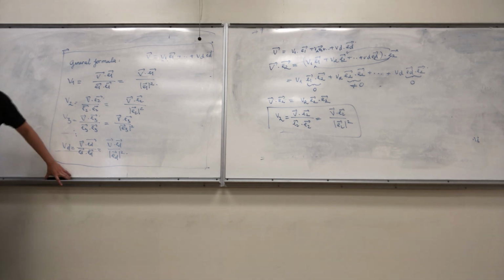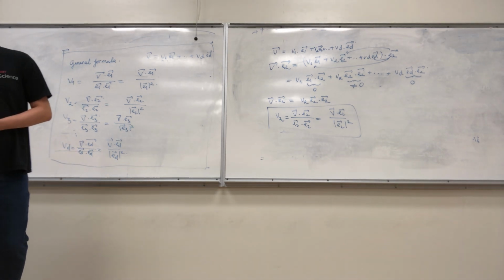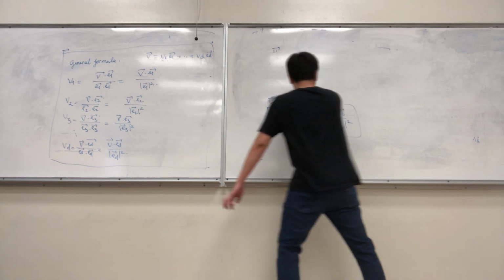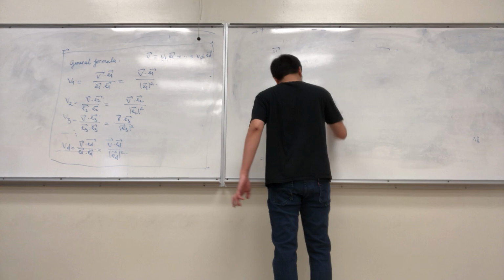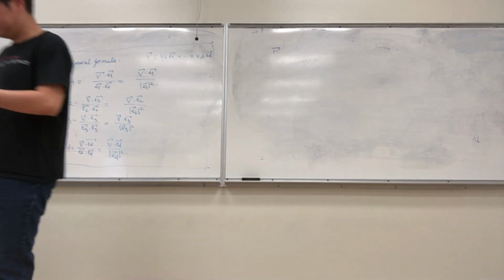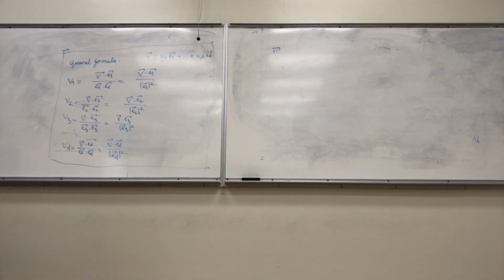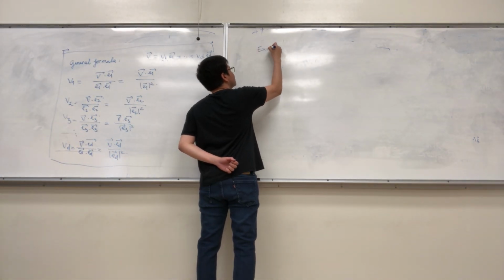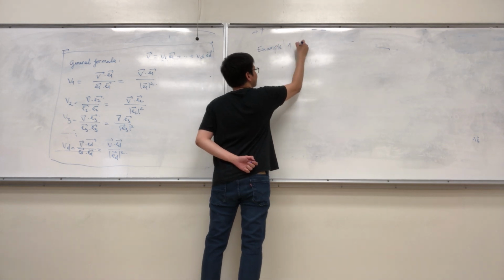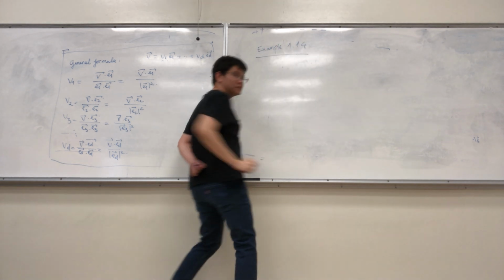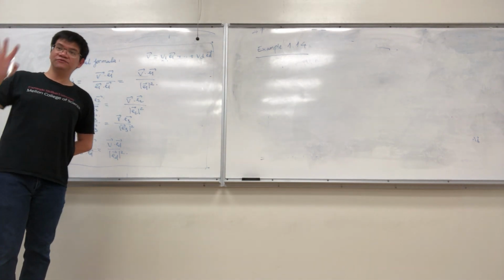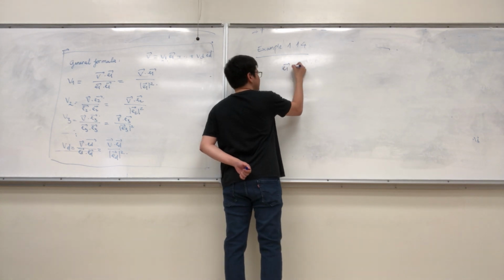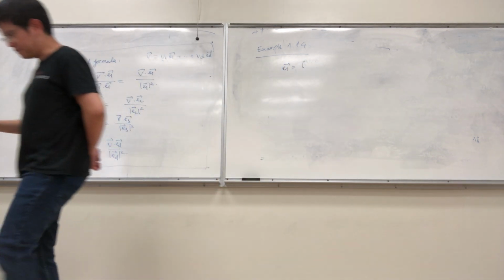Now, let us go to one example, which is an example that we have in the lecture notes as well. So this is example 1.1.4 in the lecture note. So in this case, we are in 3 dimensions. I consider E1, which is 1, 2, 1.